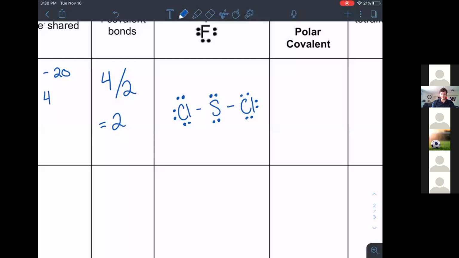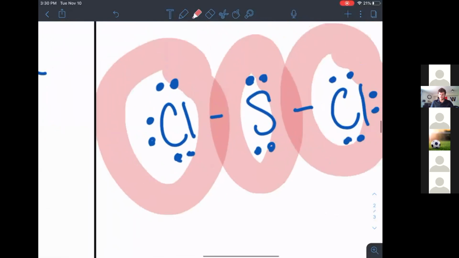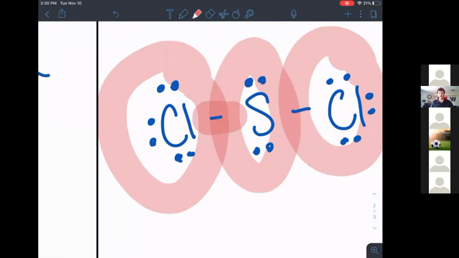Because we have to make sure we can count 8 valence electrons on each of our elements. So 2 from each pair of bonds. So there's 2 right there. And then there's 2 right there being shared between each of those 2 elements.